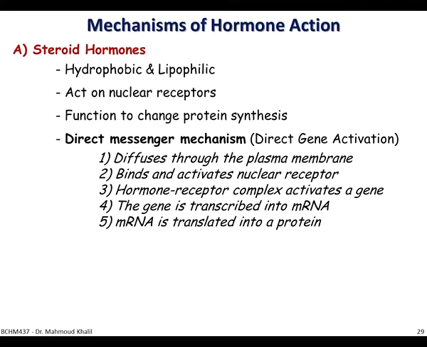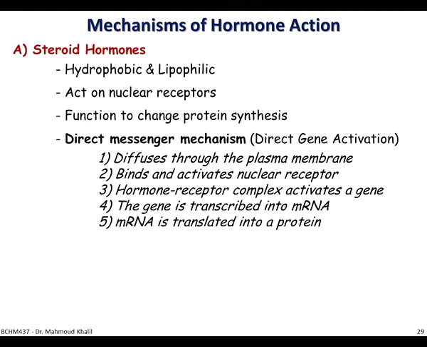Once bound with this steroid hormone, this hormone receptor complex will migrate to the nucleus and start to activate the gene for transcription into messenger RNA. Soon after the messenger RNA is formed, it will migrate into the cytoplasm to be translated into protein.